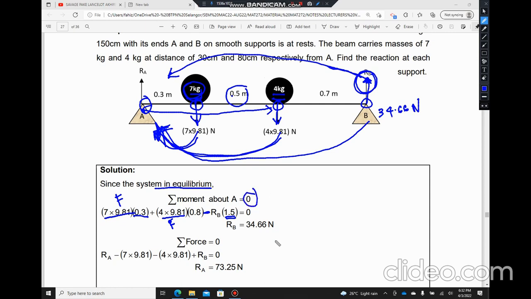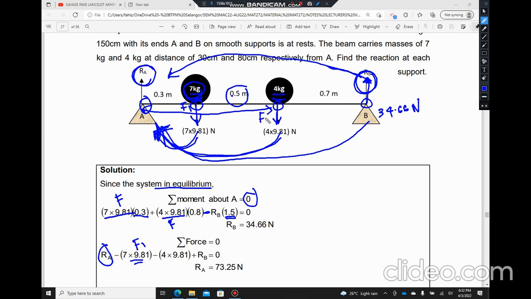Okay, so next is sum of force. Sum of force pun kita ambil 0. So kita buat cara yang sama. First, sum of force ni, yang ni jumlah force semua. So RA kita tahu lagi force dia berapa. So RA, then minus 7 multiply by 9.81. Yang ni force yang pertama, kat sini saya tandakan F1.